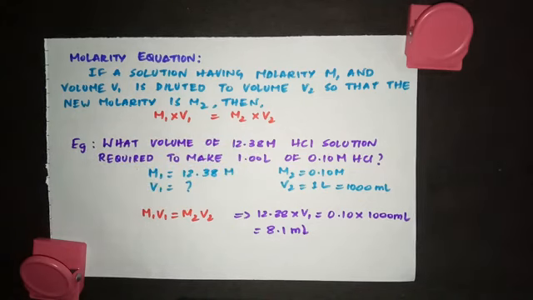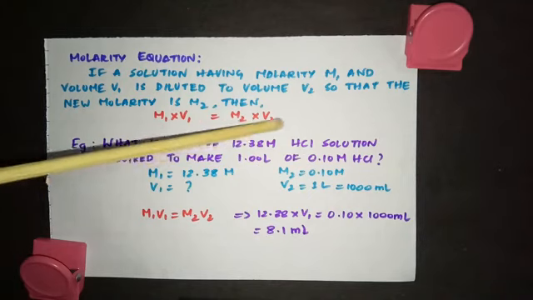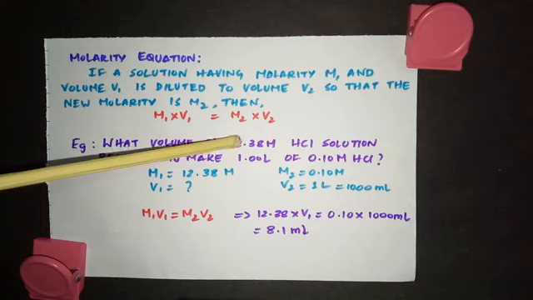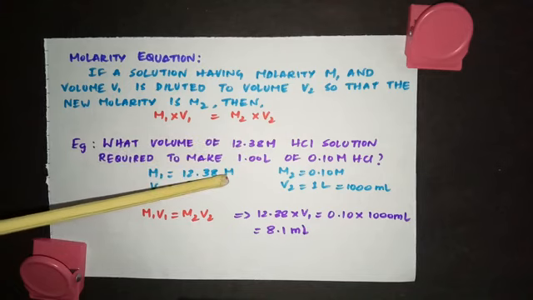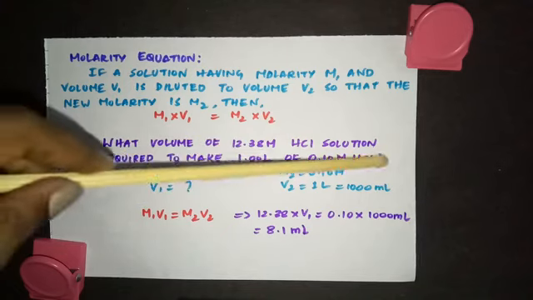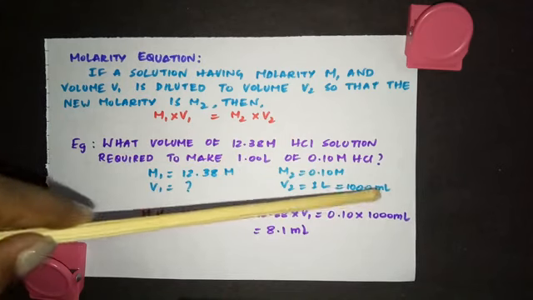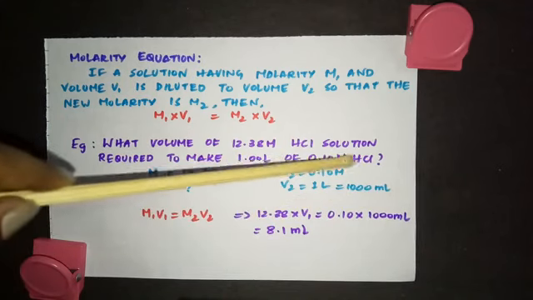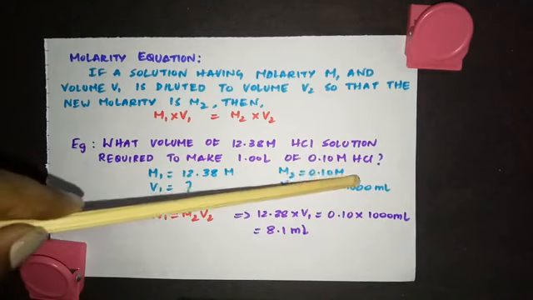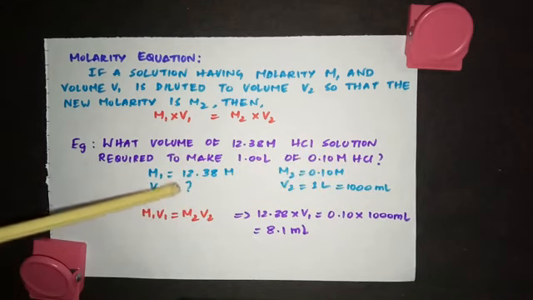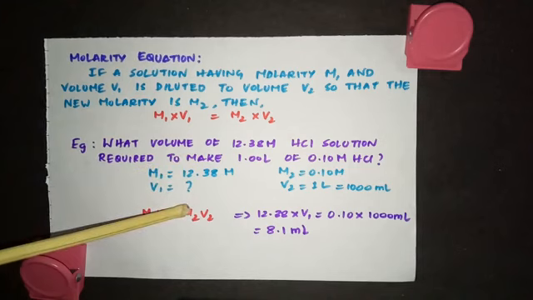So what will be the formula? M1 V1 is equal to M2 V2. Here M1 is the molarity of the solution that I already have, so 12.38. What is the volume of the new solution that I am making? It is 1 liter, which is equal to 1000 ml. What is the molarity of the new solution? 0.10 M. Now the question is, what volume of this solution should I take? So V1 is the component that you are supposed to find out.